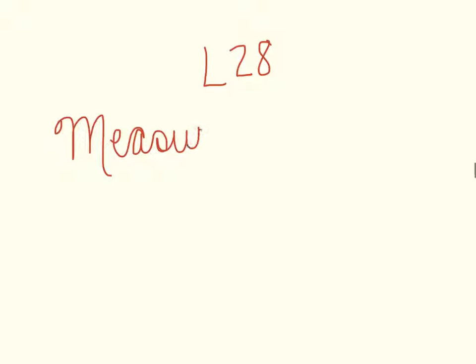Today we're going to be talking about lesson 28, which is measuring time and elapsed time. Now, with measuring time, we're going to be using some of the terms that you're really already familiar with, like minutes, hours, days, weeks, those sort of things.